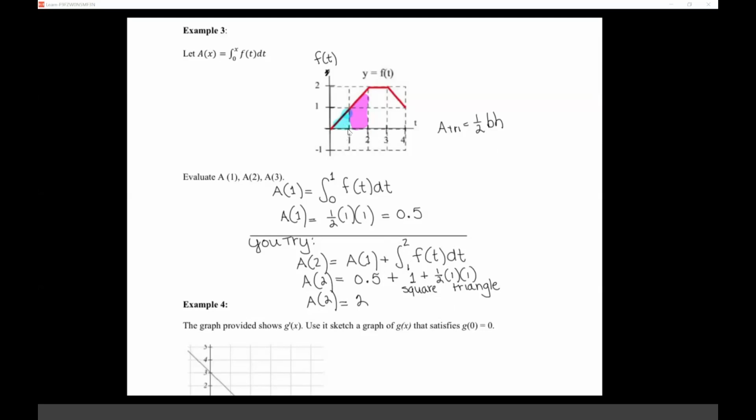You accumulate another 1.5 units as you go to 2. What have I got now? I've got a total of 1/2 plus another 1.5, so that's a total of 2 square units by the time I get here. All right, I'm seeing everybody saying that's better. Good.